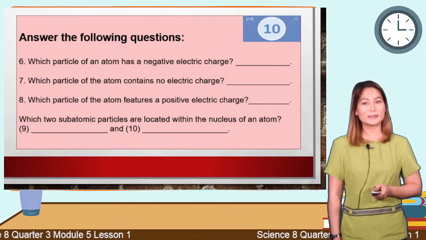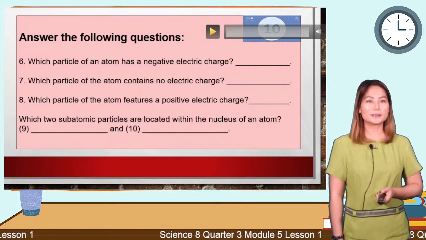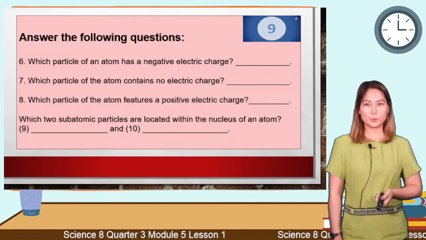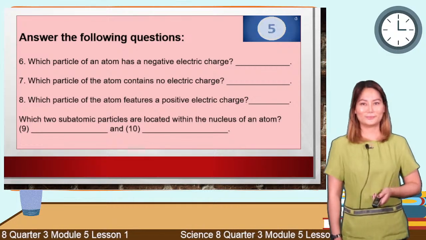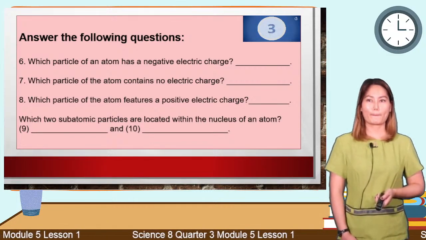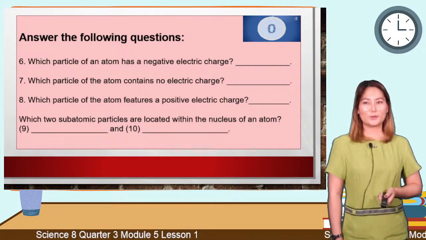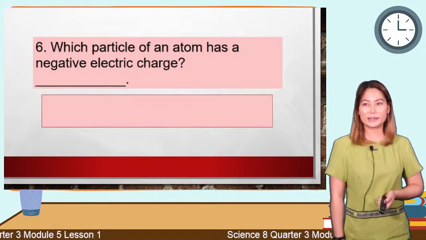Very good. Alright, moving on to answer the following questions. I'll give you 10 seconds again to read and answer the questions. Timer starts now. Time is up. Let's answer the question. Question number 6.